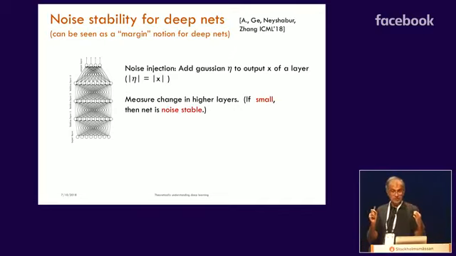So it's a lot of Gaussian noise. Now you measure how the vectors computed at the higher layers have shifted. So that's the experiment. You inject the Gaussian vector at some layer with a very large norm, and you measure the change in the higher layers, in percentage terms.